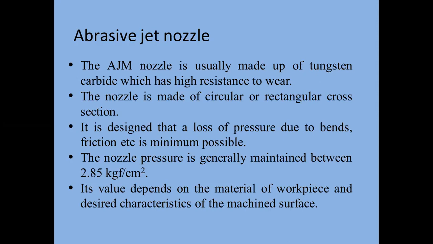So if it is 100, based on the cross section and other parameters, it is going to reach around 200 meters per second, for example. Whatever speed is required can be controlled by the cross section we apply.